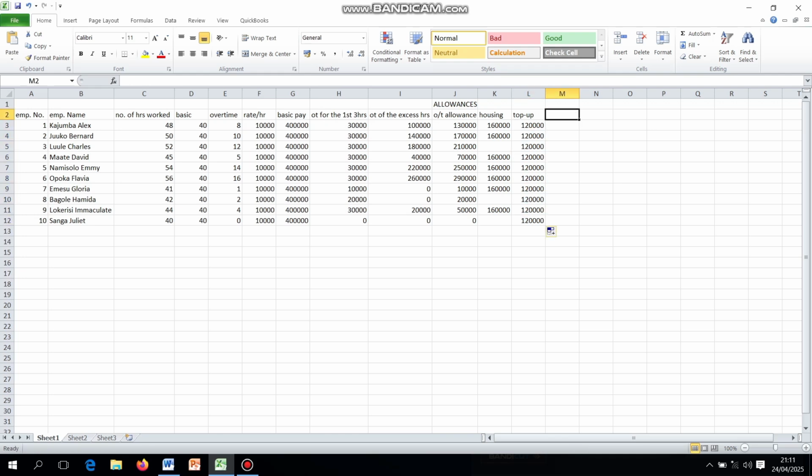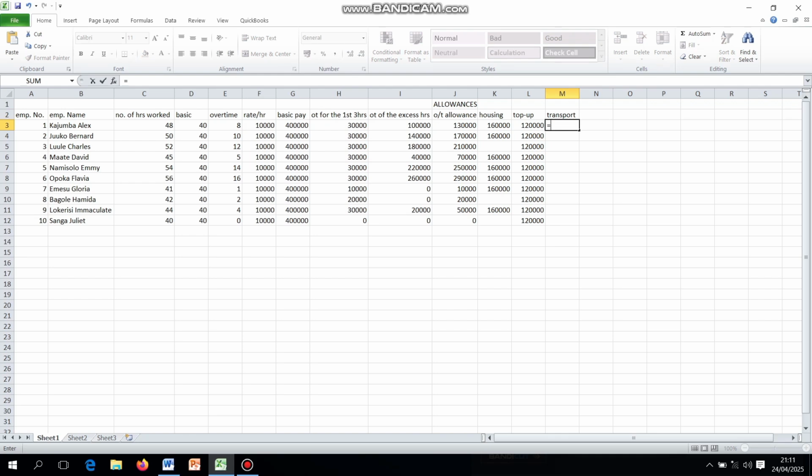Then I will go to the next allowance, which is transport allowance, which is 20,000 each. But this allowance is for 1 week, and they are 4 weeks. So we shall write transport. We'll come here and we shall say our equal sign.